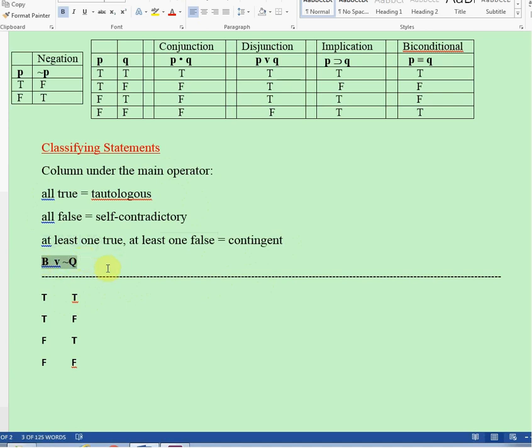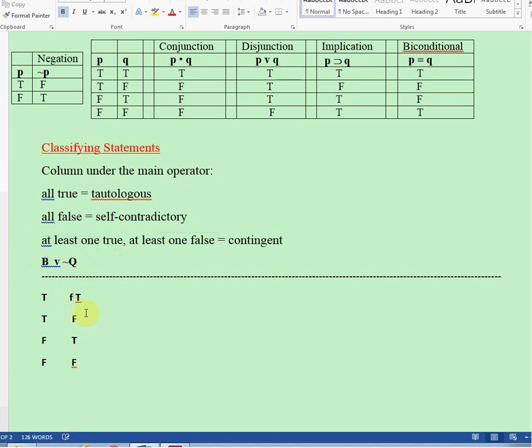This is B or not Q. Remember that we start here with the negation. The whole thing is a disjunction, and so there are two disjuncts, but we can't compute the disjunction unless we know the result of the negation on the right. So we're going to do the opposite of whatever truth value we have.